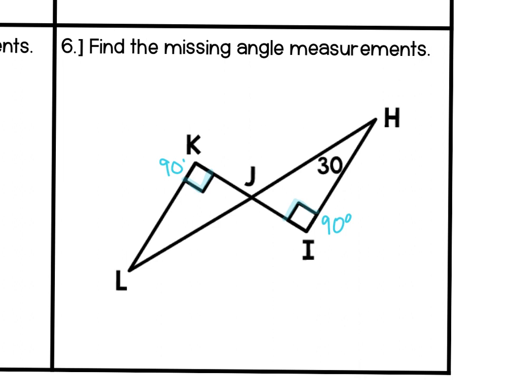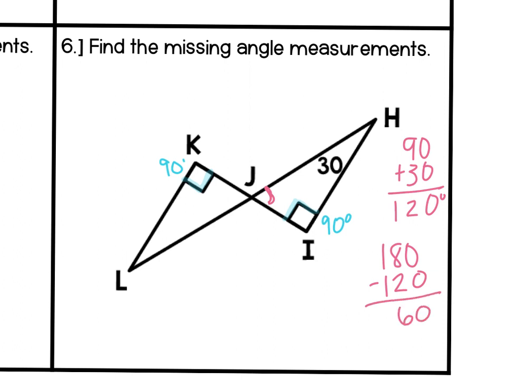So we're going to go back to the interior and add 90 plus 30, and we will get 120 degrees. We're doing this so we can find this interior angle here. And when we do that, we're going to subtract 180 minus 120 to get 60. So now we know that this angle here is 60 degrees.